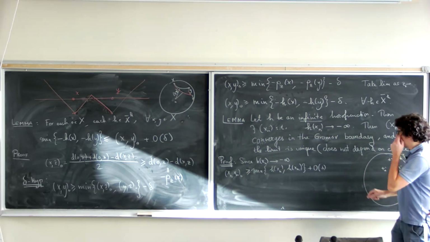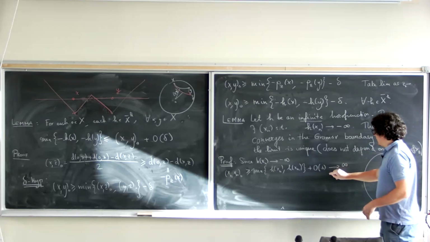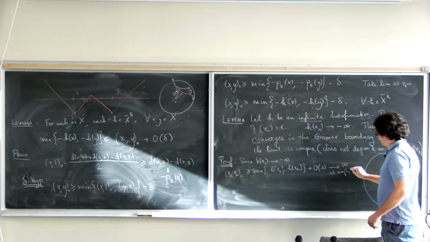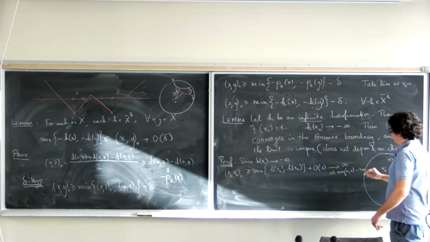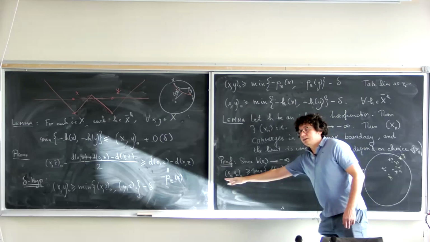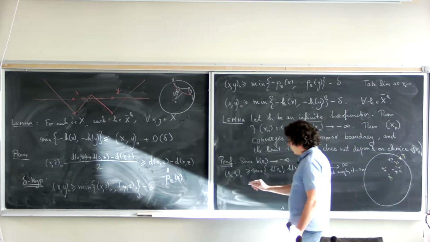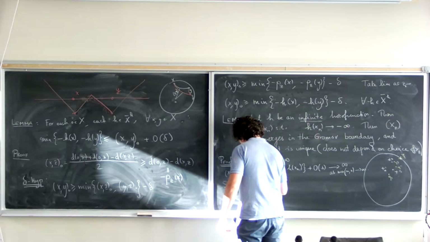So clearly this goes to infinity as, let's say, the minimum of m and n goes to infinity. The limit from this goes to infinity. So X_n is a Gromov sequence.